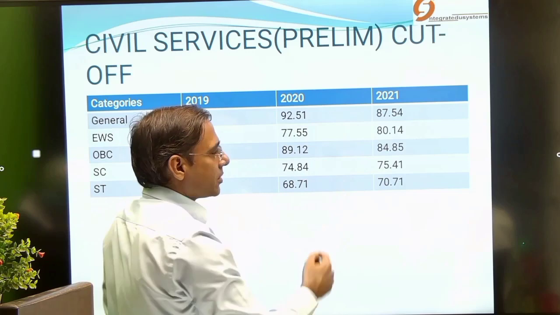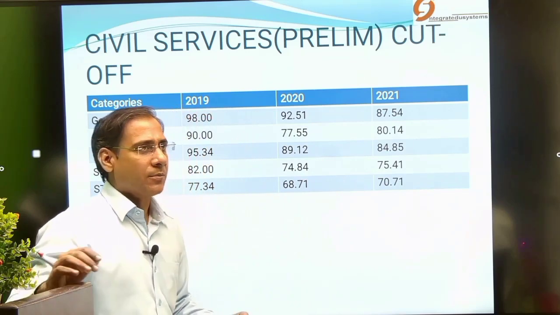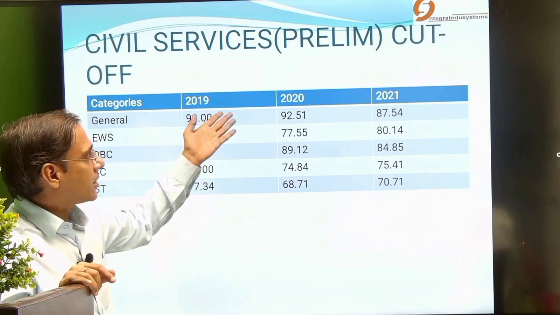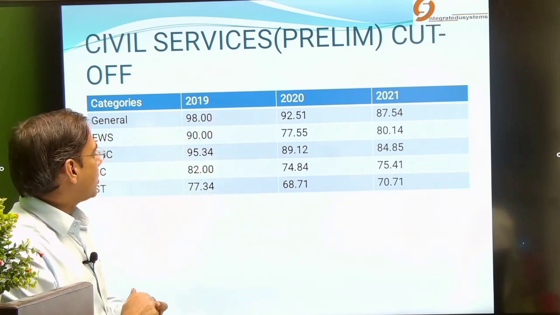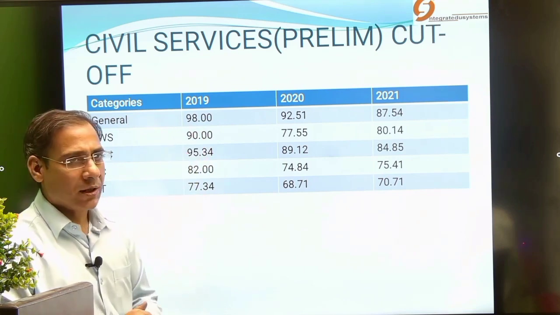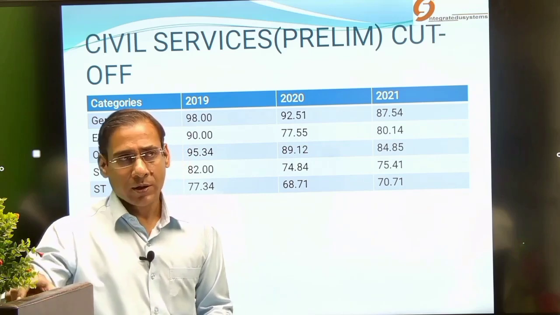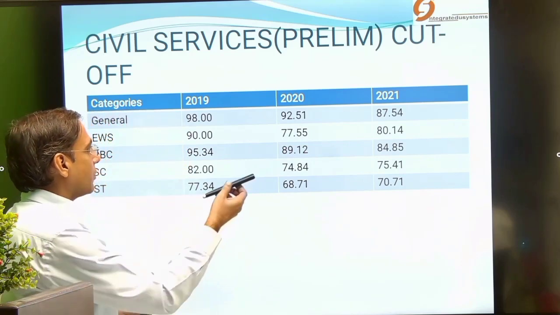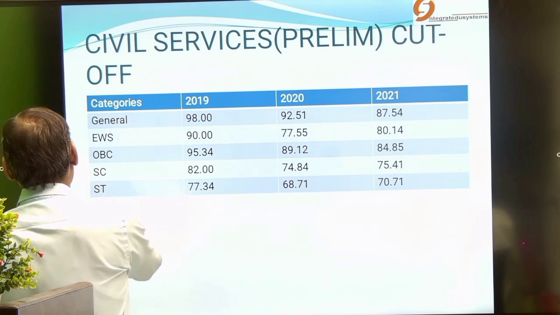Apart from that, when you look at the prelims cutoff of the recent past, it is around 48 to 50%. These are the minimum cutoff marks of the prelims. In 2019 for the general category it was 98, in 2020 92.51 out of 200, and in 2021 it is only 87.54.